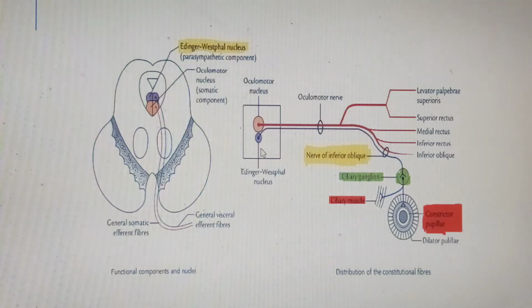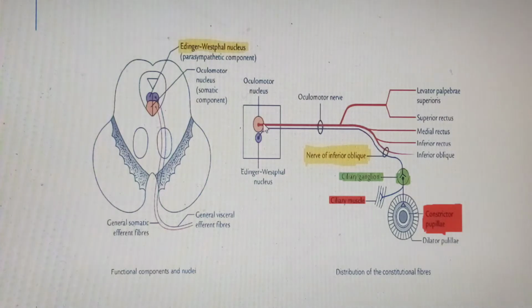Okay, so I have the Edinger-Westphal nucleus. So from that, fibers will be coming out. We can see the nerve which will be coming out, which joins to form the oculomotor nerve. So the oculomotor nerve is not only giving motor supply to these extraocular muscles, but it's also giving parasympathetic supply. The word is parasympathetic.